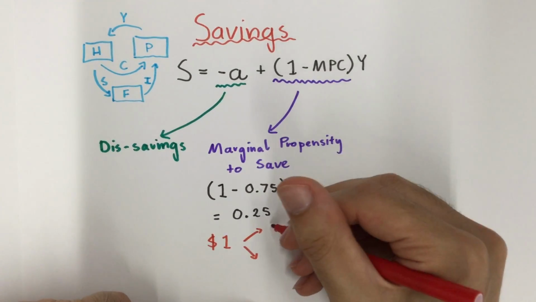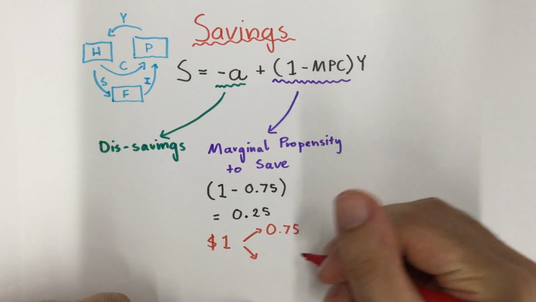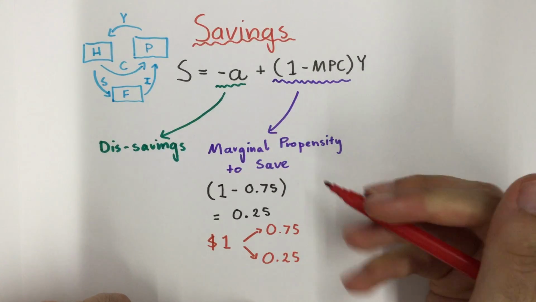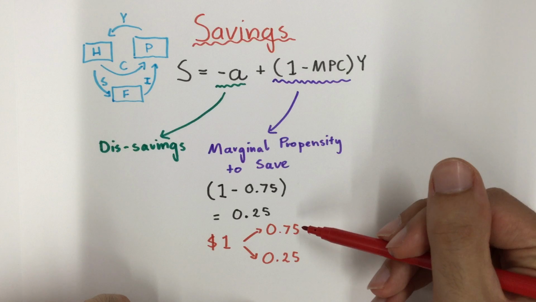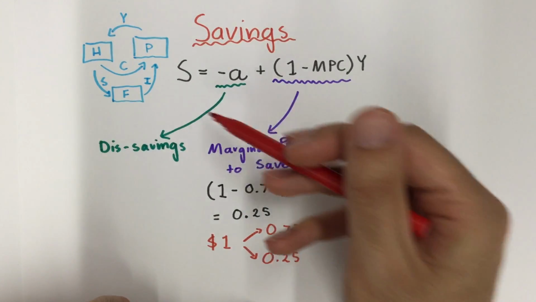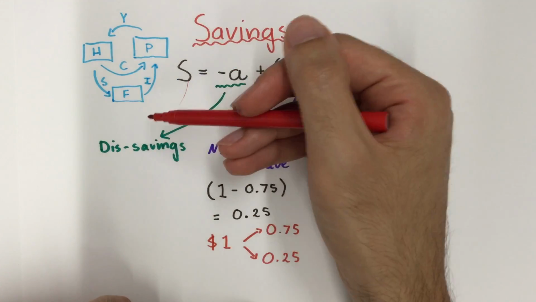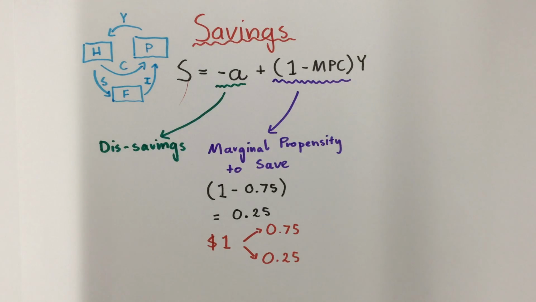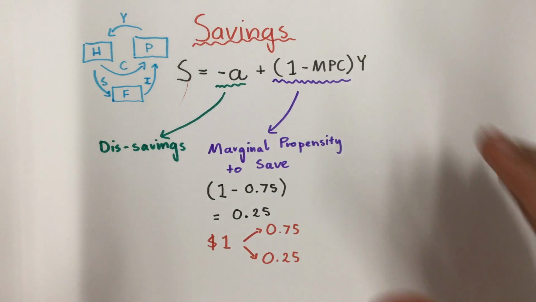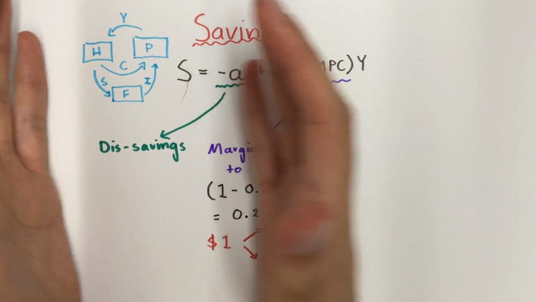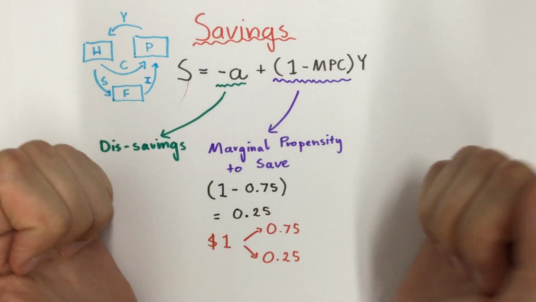In this scenario, 75 cents is spent, the remaining 25 cents is saved. So we're assuming that money that's not spent is saved. That's the assumption we're going to make, given that we're working in a three-sector model. So whatever's not spent, whatever's left over is saved. So this is our savings function: dissavings and marginal propensity to save.